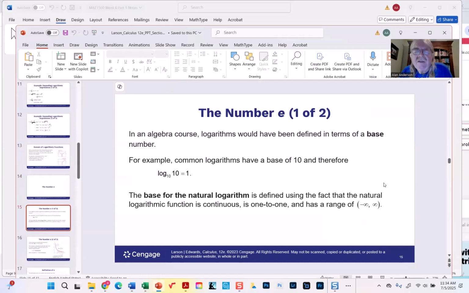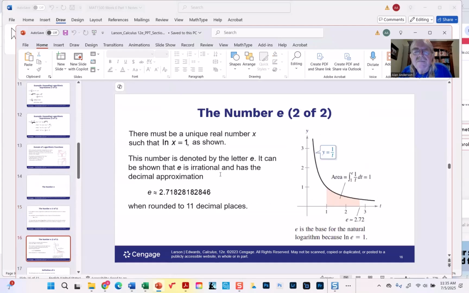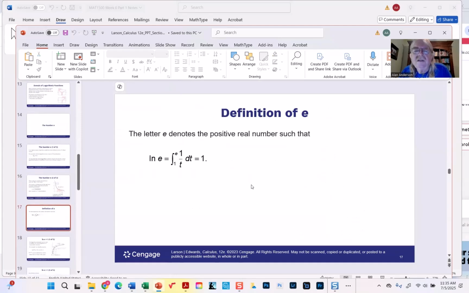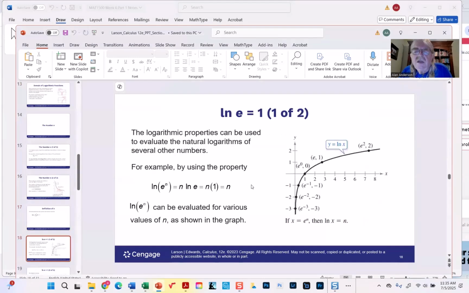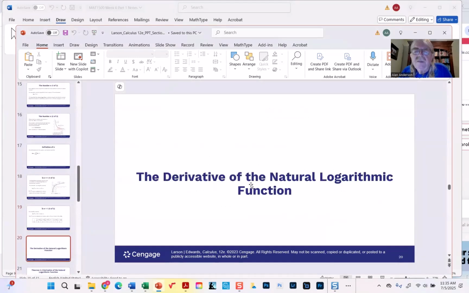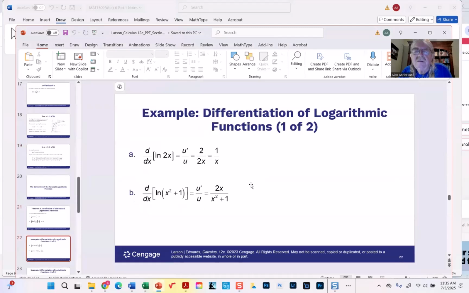Now there's that mysterious e. So they mention here that the log with base 10 is the common log. The natural log has a base of e. And e itself can be defined in a couple of equivalent ways. Surprised I didn't mention it here.